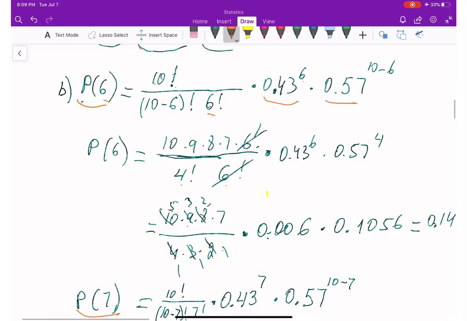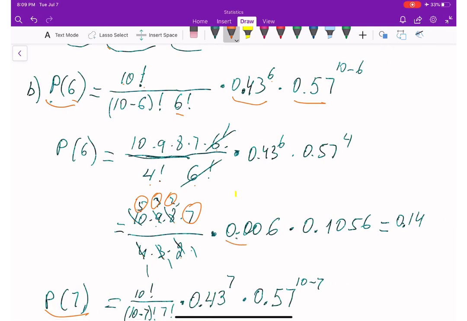So I got 5 times 3 times 2 times 7. And times 0.43 to power 6 is 0.06. And 0.57 to power 4 is 0.1056. And the answer is 0.14.